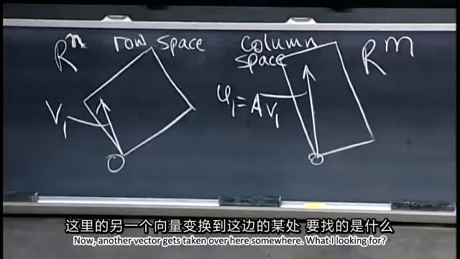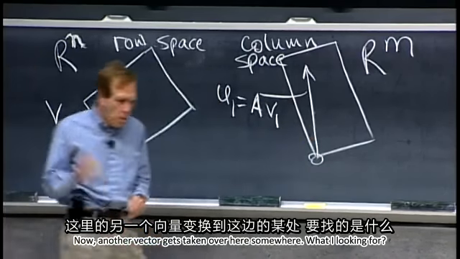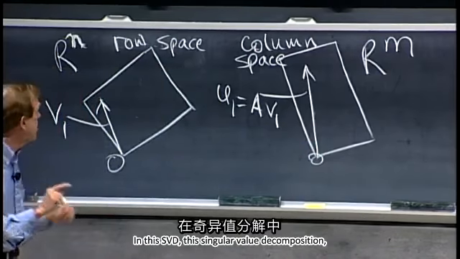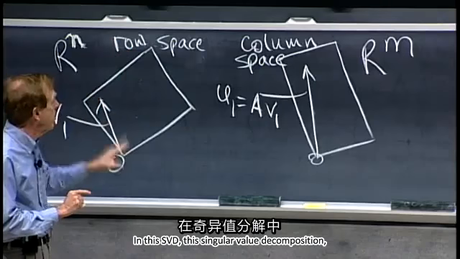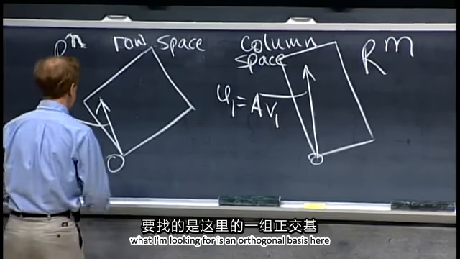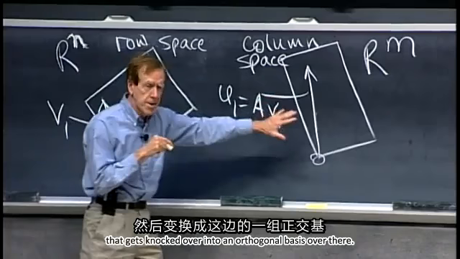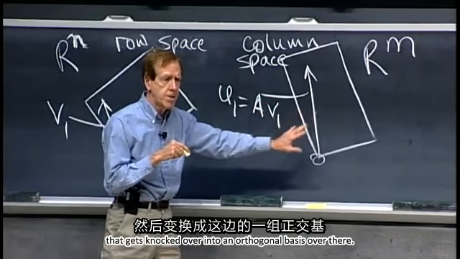Now, another vector gets taken over here somewhere. What am I looking for? In this SVD, this singular value decomposition, what I'm looking for is an orthogonal basis here that gets knocked over into an orthogonal basis over there.